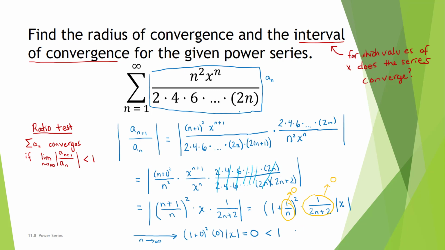Well, 0 is less than 1 for all values of x. So our conclusion is that our radius of convergence is infinity, and our interval of convergence is the interval from negative infinity to positive infinity.